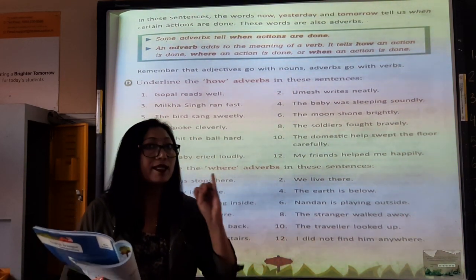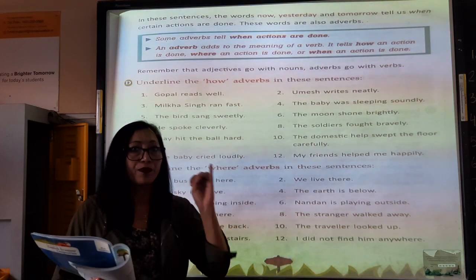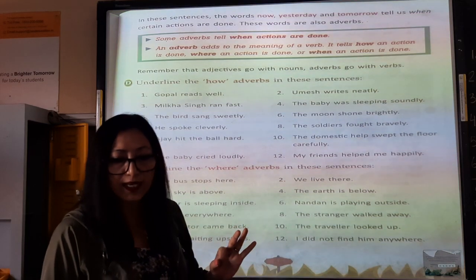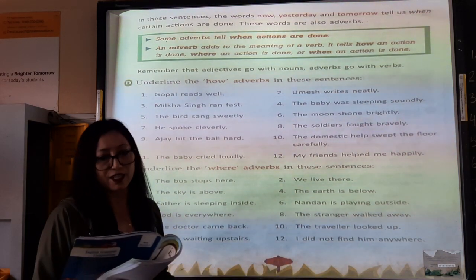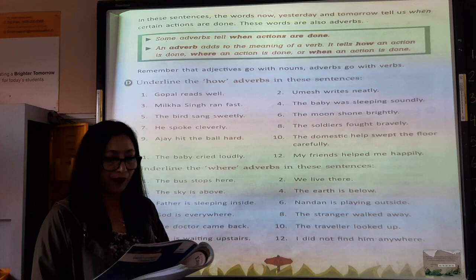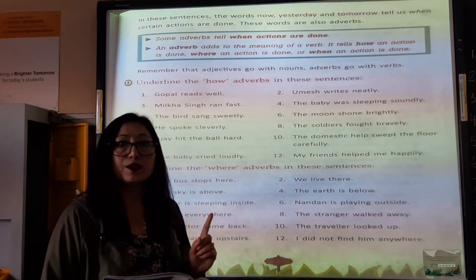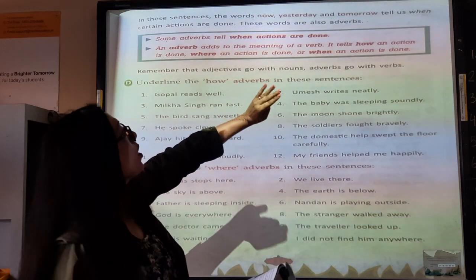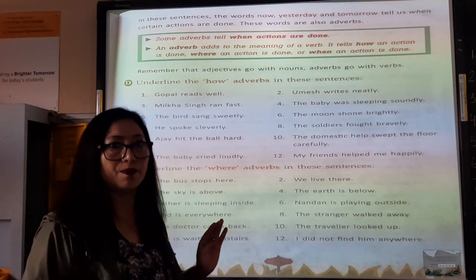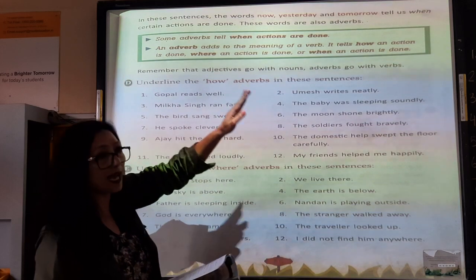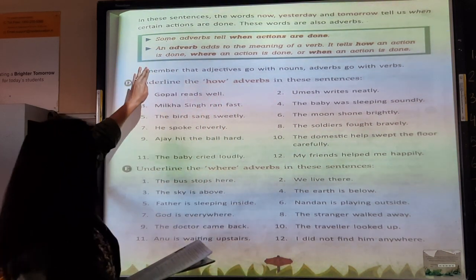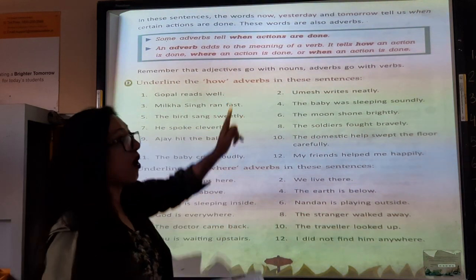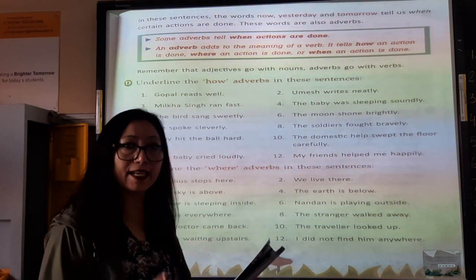Okay, the first one is how the action is done. Second one is where the action is done. And the third one is when the actions are done. An adverb. So, what is an adverb? An adverb adds to the meaning of a verb. It tells us how an action is done, where an action is done, or when an action is done.